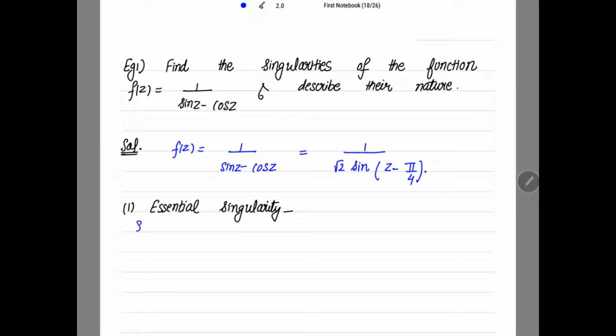So since limit z tending to infinity, f(z) does not exist, z equal to infinity is an essential singularity.